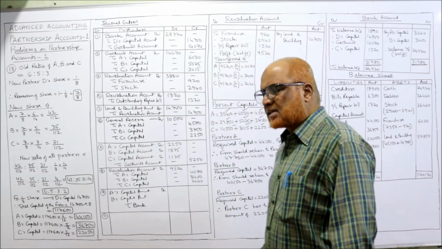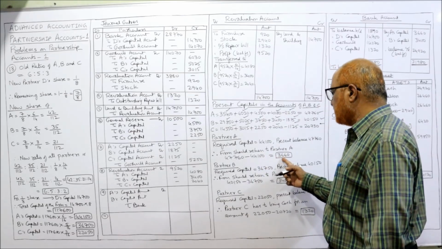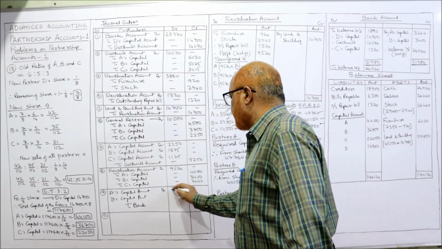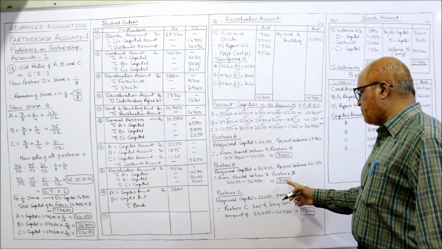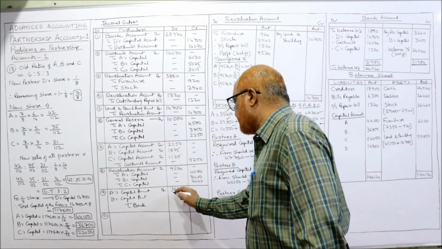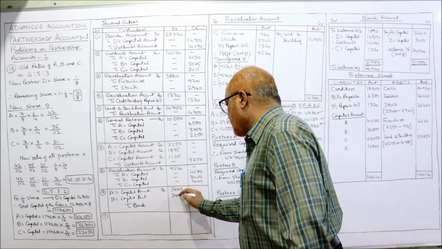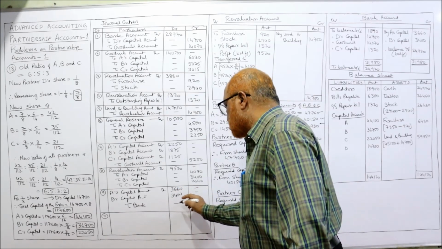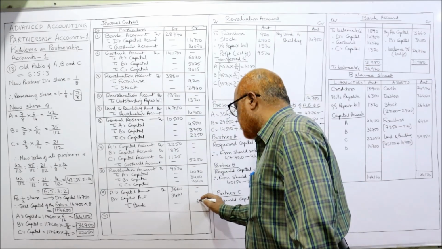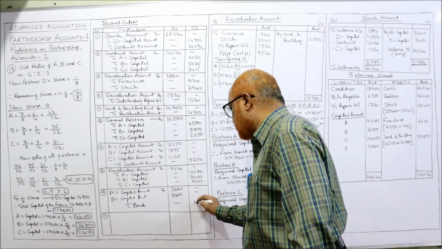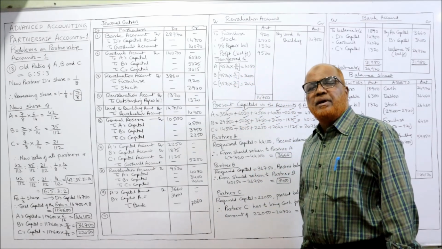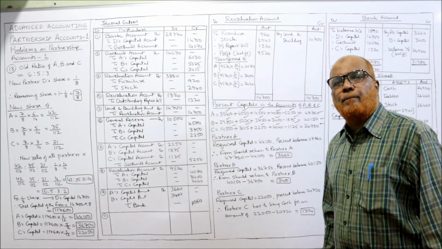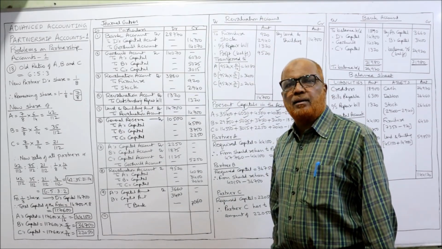How much excess capital returned to A? 3,660. How much excess capital returned to B? 3,400. The total excess capital returned is 3,660 plus 3,400, 7,060. Being the excess capital returned back to A and B.